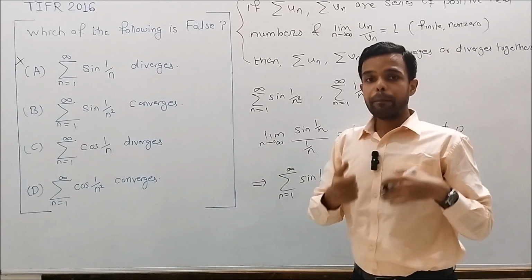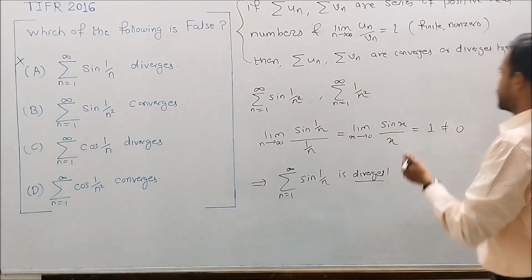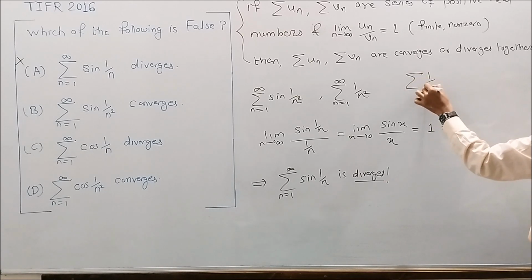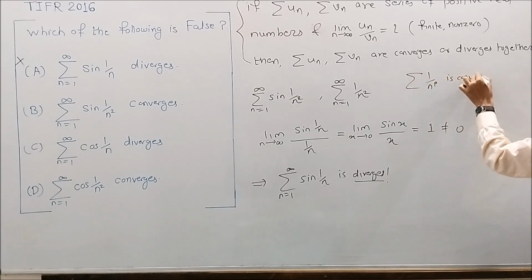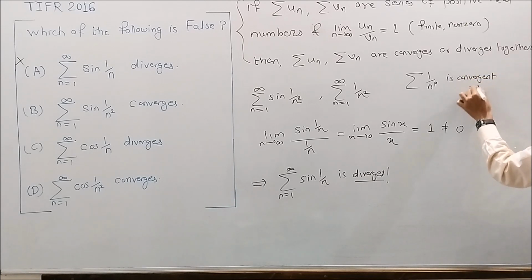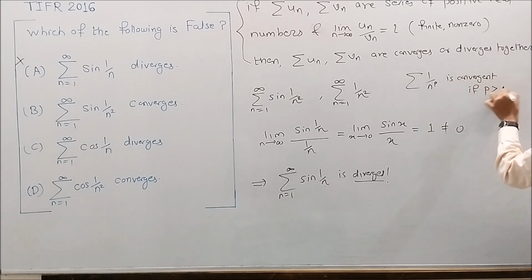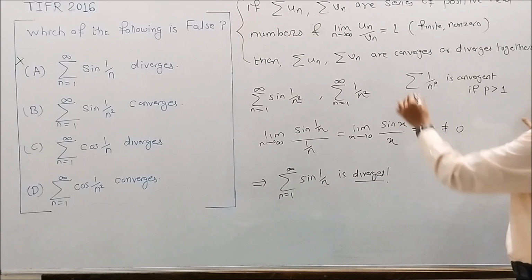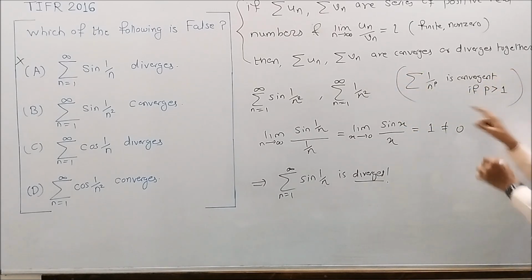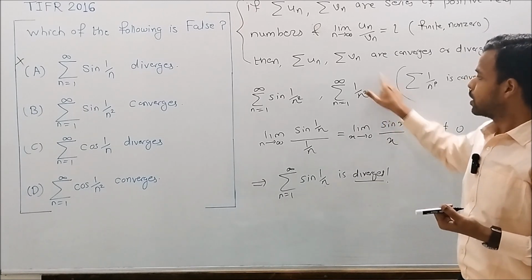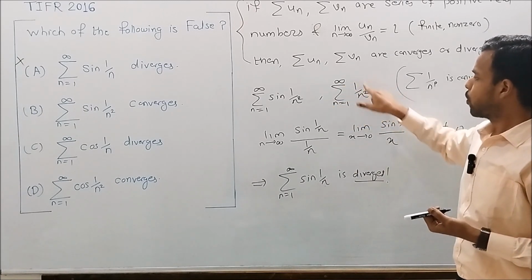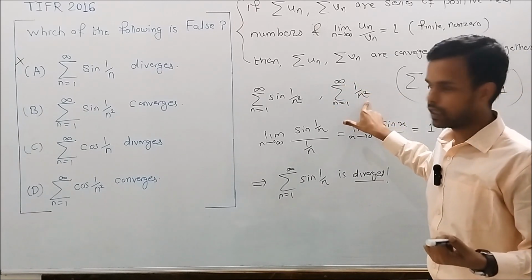By the p-series test, the series 1 over n to the power p is convergent if p is greater than 1. Here p equals 2, which is greater than 1, so the series 1 upon n square is convergent.